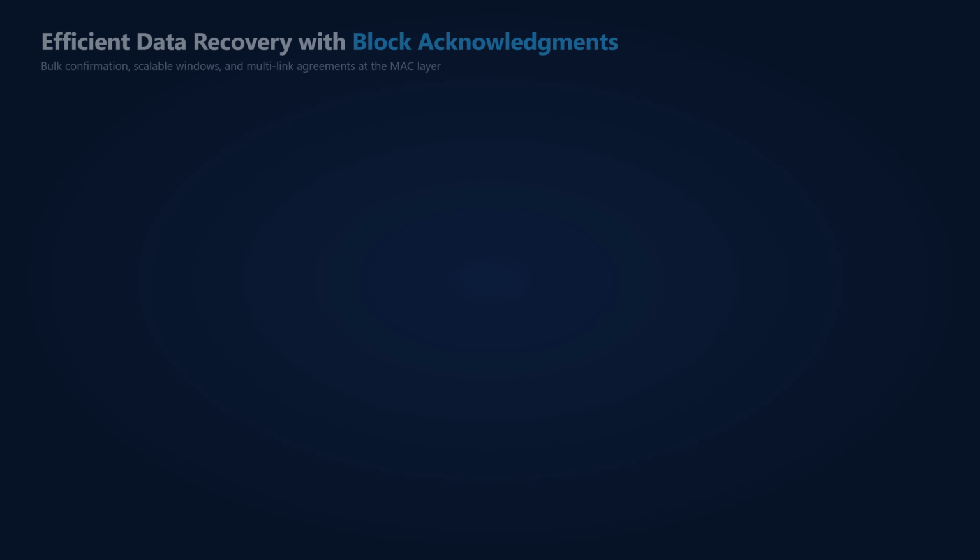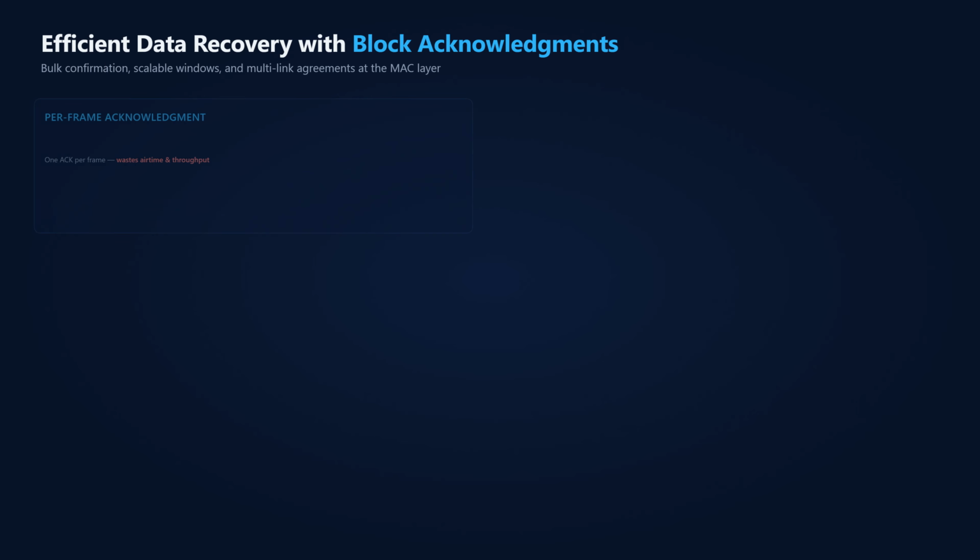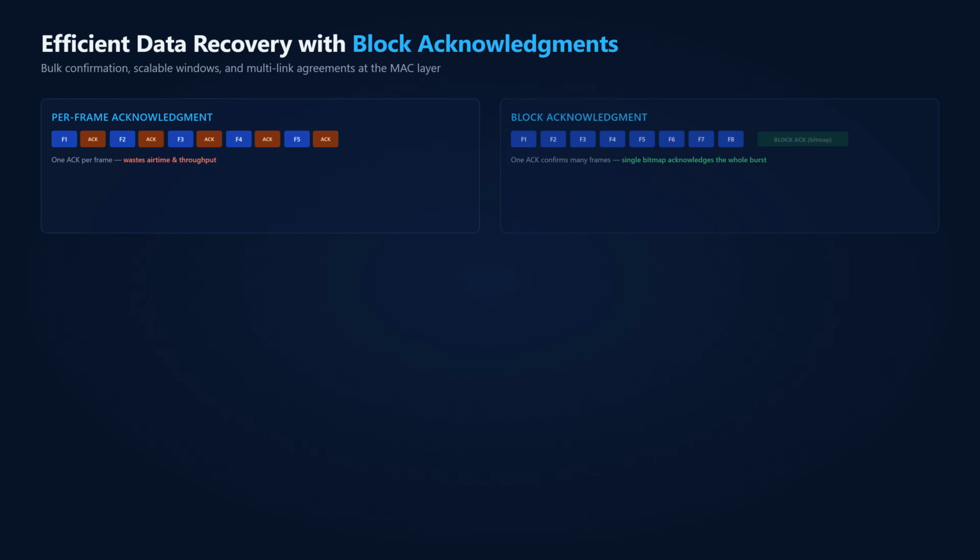When we transmit data over a wireless network, the most intuitive way to ensure everything arrived correctly would be to wait for a confirmation after every single frame. However, sending a separate acknowledgement for every individual piece of data creates massive overhead, wasting valuable airtime. To solve this, we use a much more efficient method called a block acknowledgement.